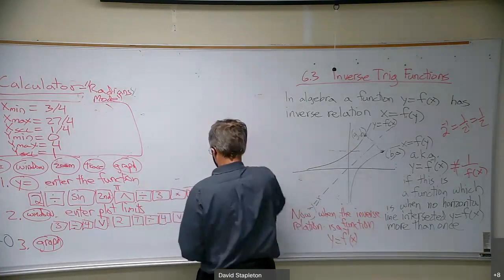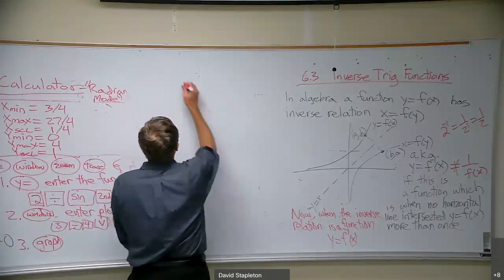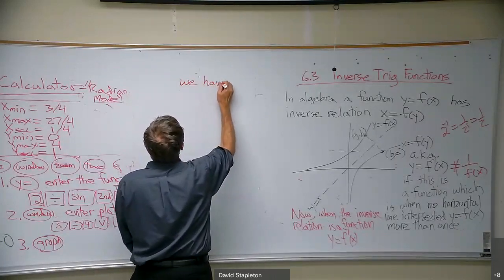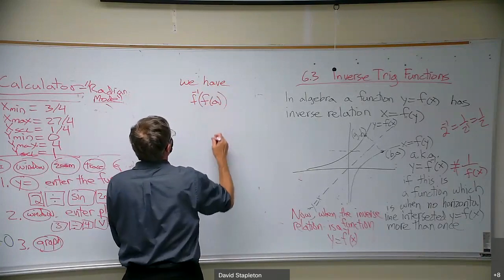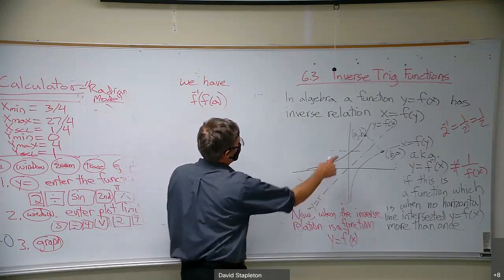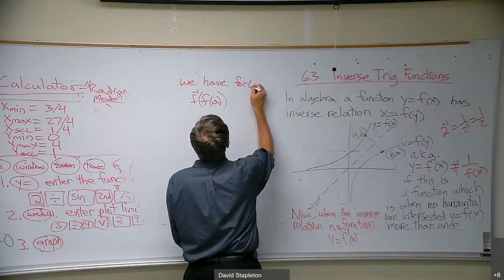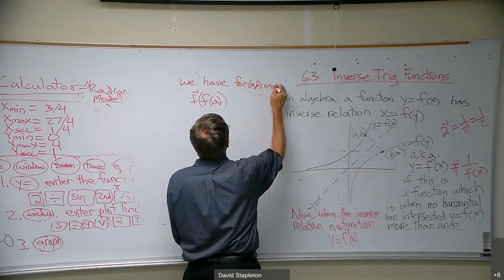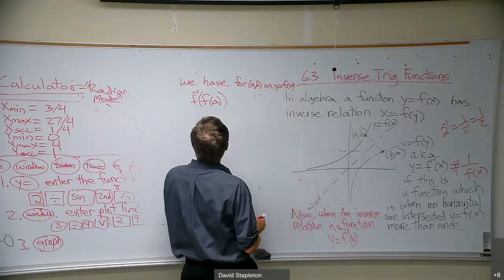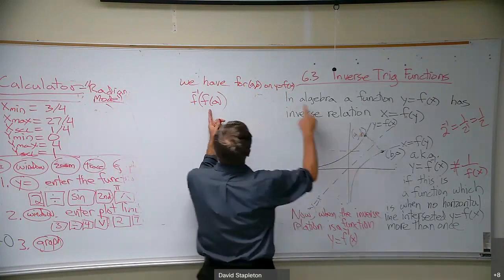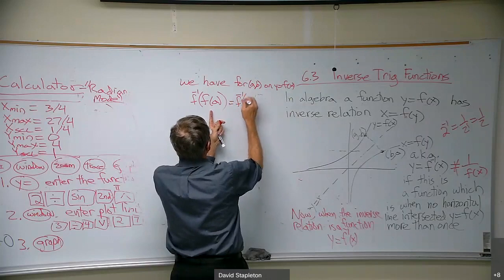What do we have? We have that f inverse of f of a, for any point (a, b) on the function. Well, f of a is b. If it's on the function, then f of a is b. So this is f inverse of b.